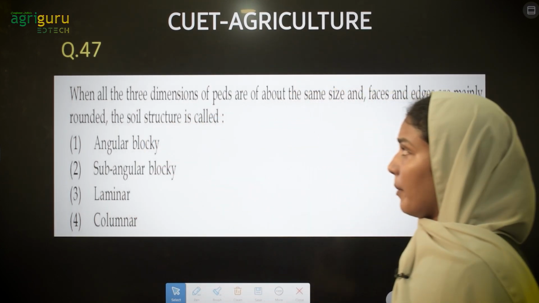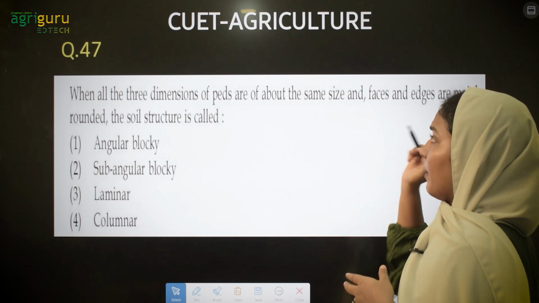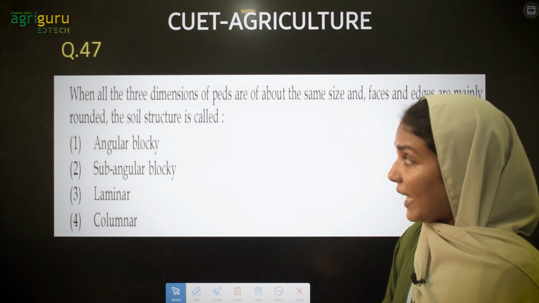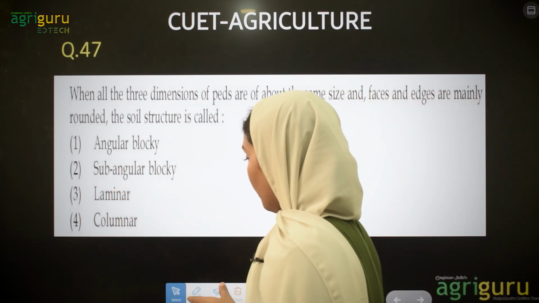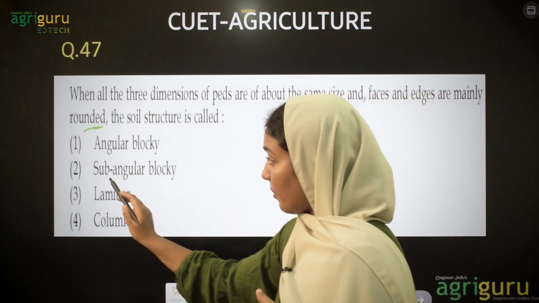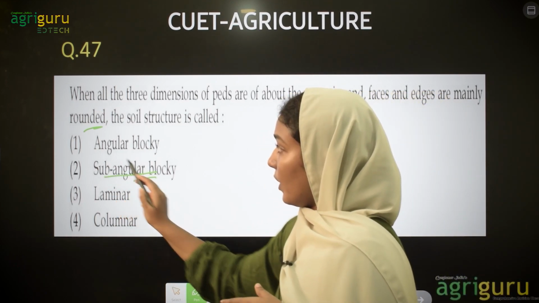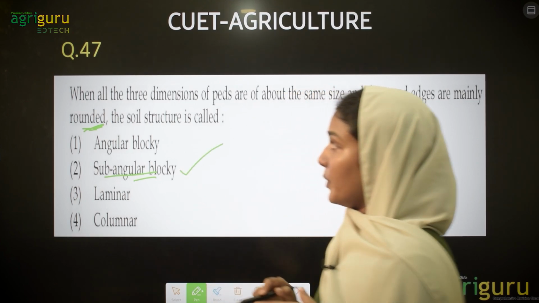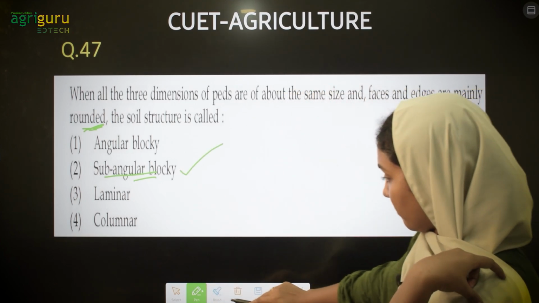When all 3 dimensions of peds are about the same size and faces and edges are mainly rounded, you have to note the point that it is rounded. The structure is called subangular blocky. Option 2 is the right answer.